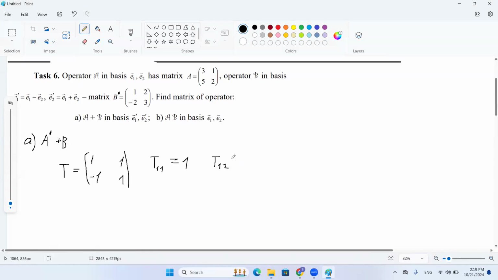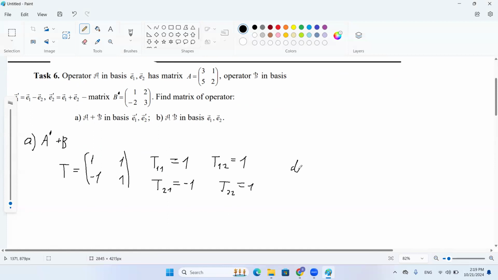T1,2, now 1, T2,1 equals -1, and T2,2 equals 1.